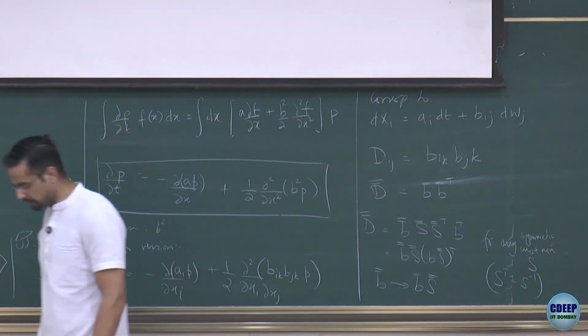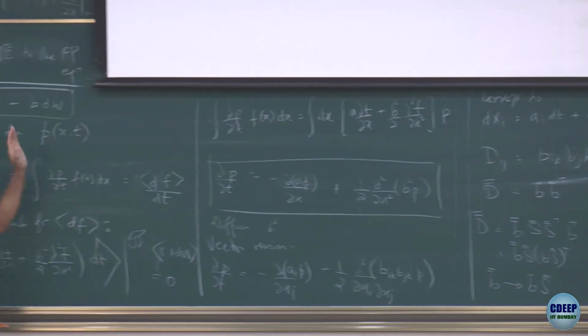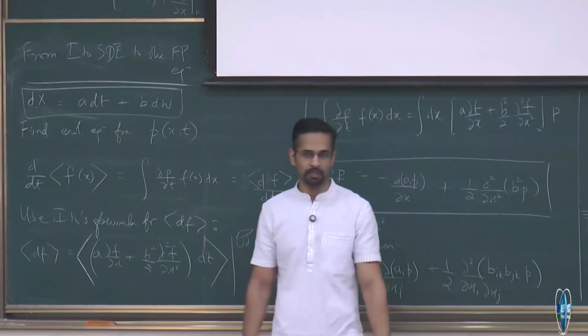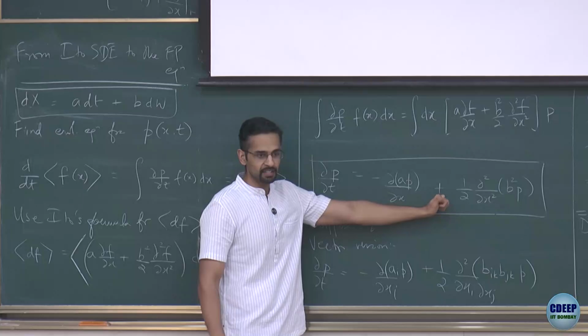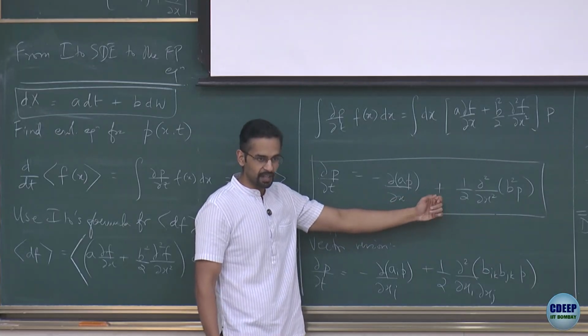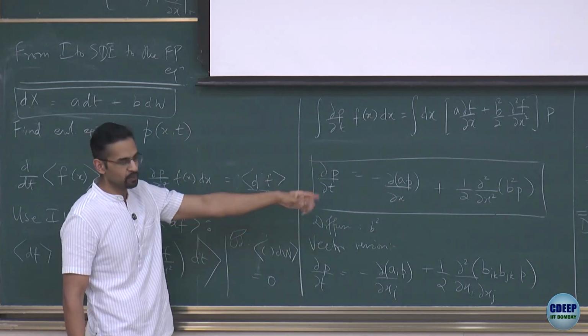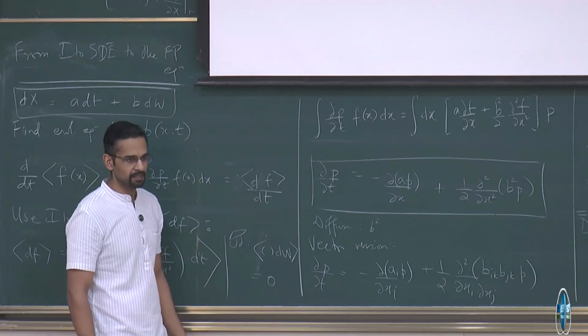Anyway, those are nuances we'll encounter later. But for now, the key message is, given an Ito SDE, I can get the corresponding Fokker-Planck equation and vice versa, which was what we wanted to do in the beginning of the course. So now, if you write down a concentration advection-diffusion equation for some species, I can tell you the equivalent Brownian dynamics equation by doing the conversion from the Fokker-Planck to the Ito SDE.